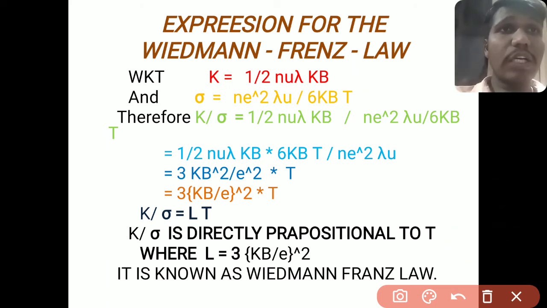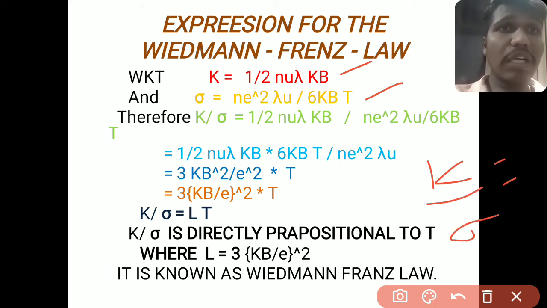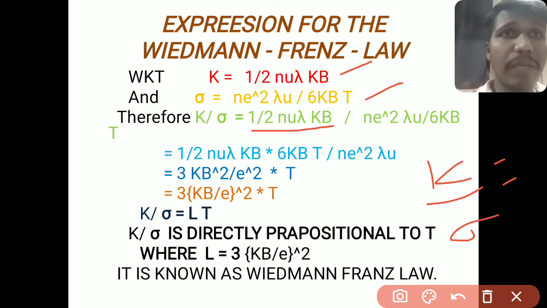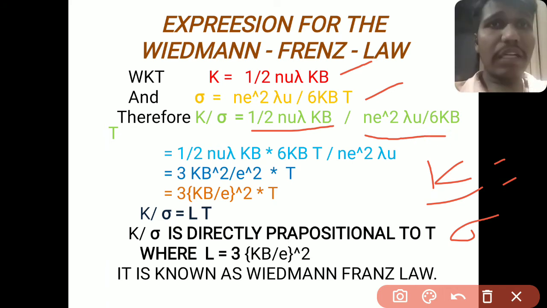These are the two equations, for thermal conductivity and electrical conductivity. Therefore K divided by sigma: substitute the thermal conductivity first, 1 by 2 nu lambda kB, divided by the electrical conductivity, n e square lambda u divided by 6 kB T.